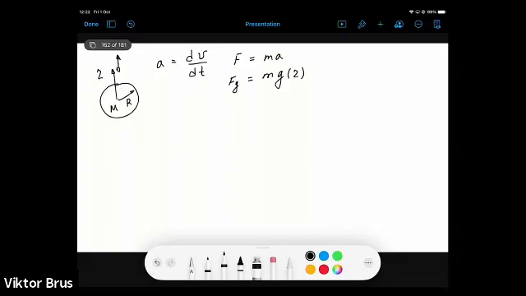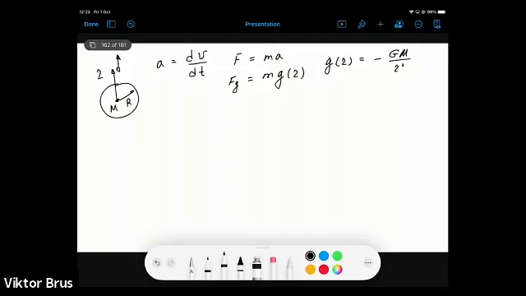We also remember from our previous discussion that this g as a function of r is given as minus G times capital M, mass of the planet, divided by r squared, where r is distance from the point where we determine the strength of gravitational field to the center of the planet.